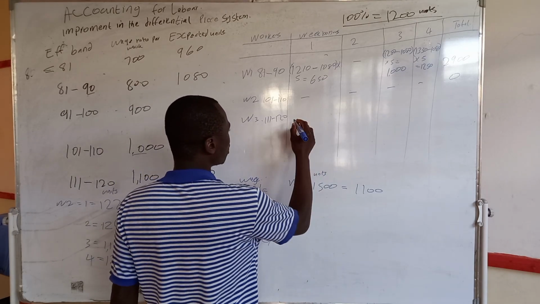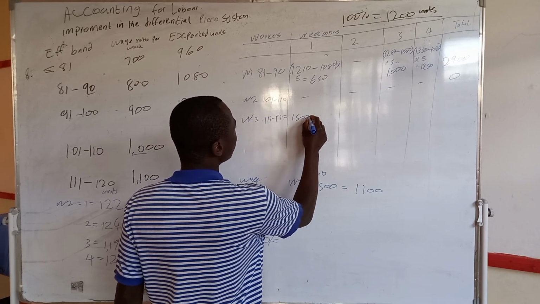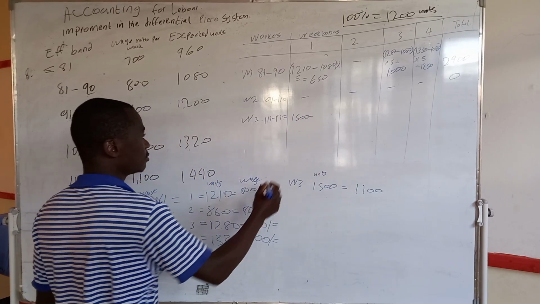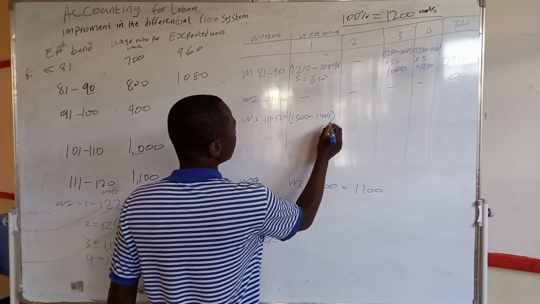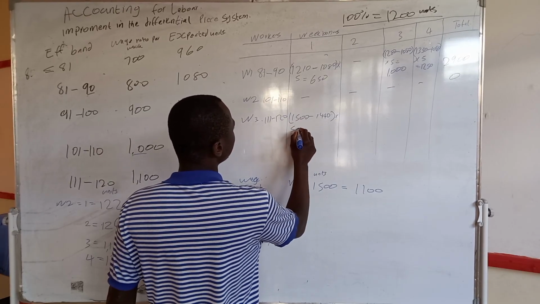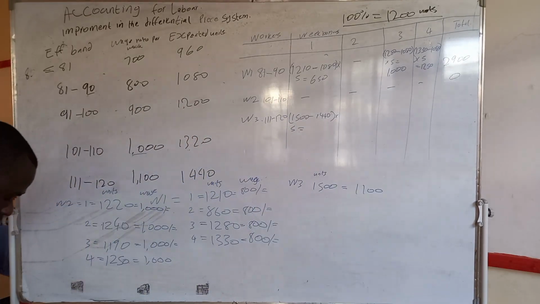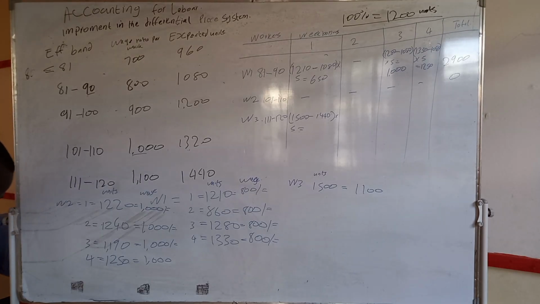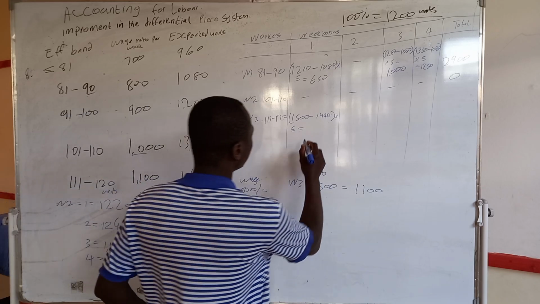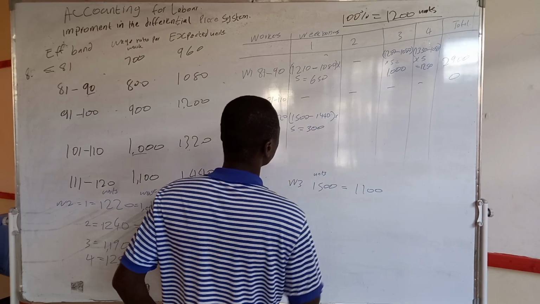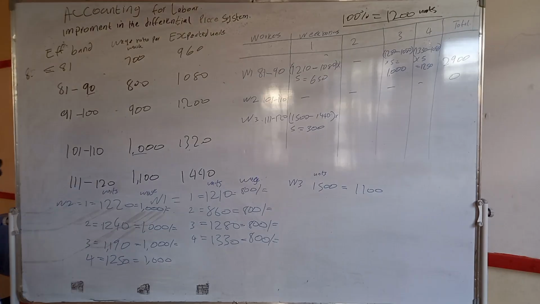So the bonus will be 1,500 minus 1,440, times 5. That is 60 times 5, which gets 300. 300. What about week 2?